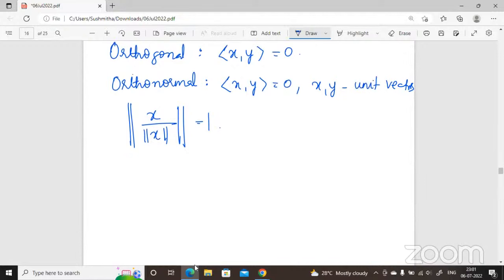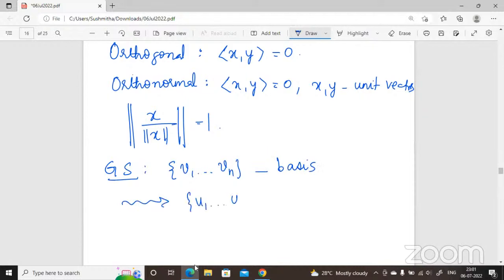Then we have the Gram-Schmidt process. I don't remember the formulas, but let me try. If I have a basis, I can always convert it into an orthonormal basis. What is an orthonormal basis? Inner product is 0 and norm is 1. It is a basis which is also an orthonormal set.